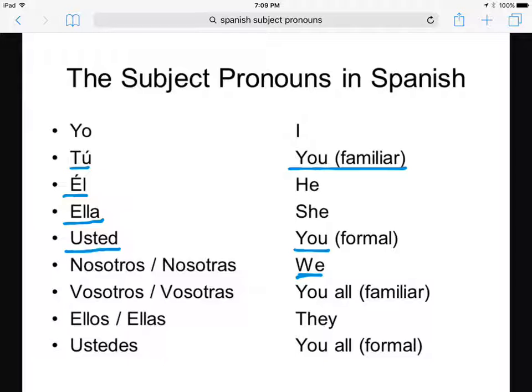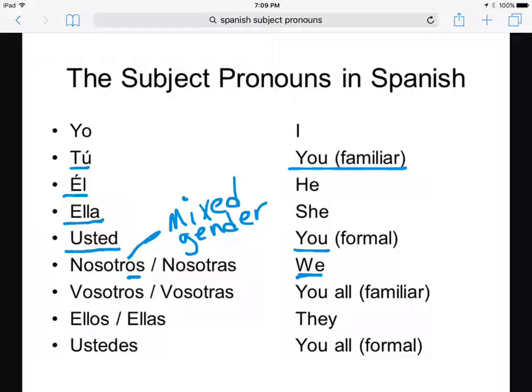If you're with mixed company, if it's a group that is mixed gender, boy, this pen writes big, mixed gender, okay? You're going to use nosotros that ends in os, okay? So I always call that a mixed group or mixed gender group.